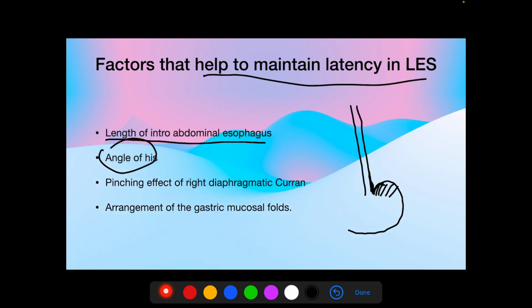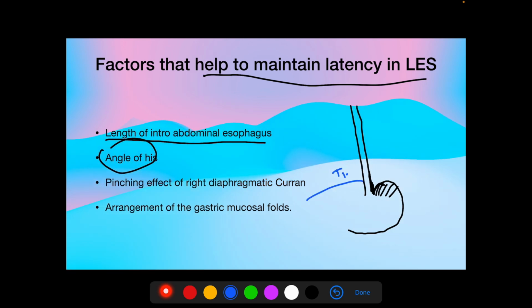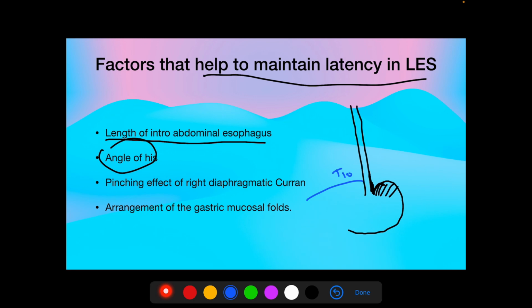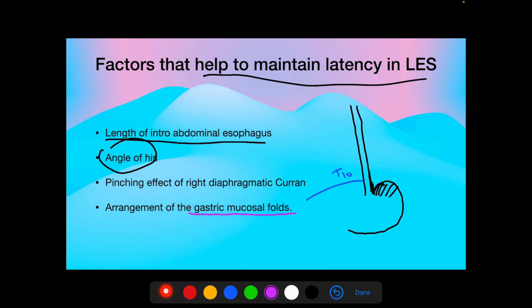There is also a pinching effect of the right diaphragmatic crus, which is at T10, which also helps to maintain competency of the LES, and the arrangement of gastromucosal folds, which are longitudinal folds that help in maintaining it.